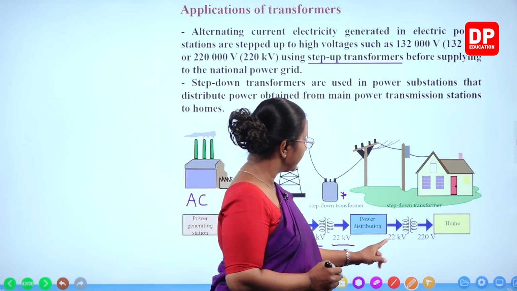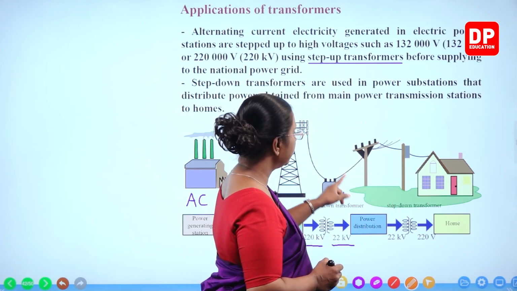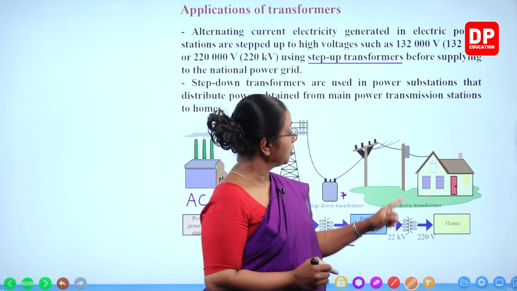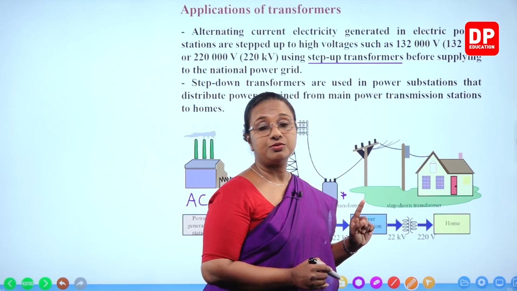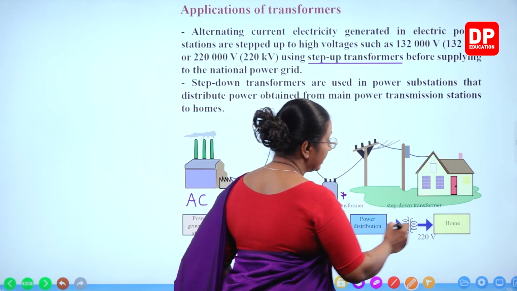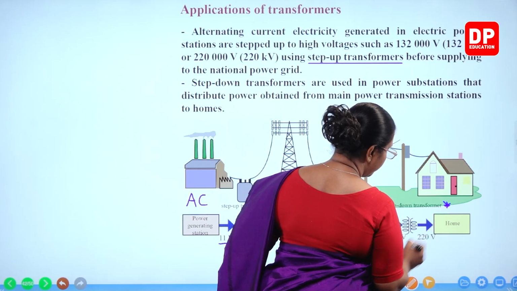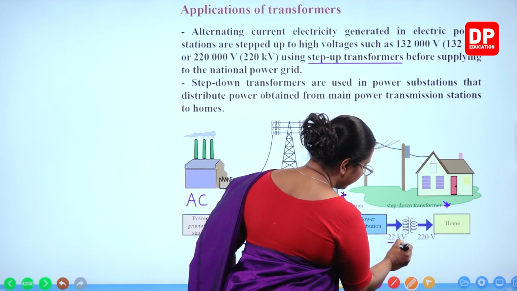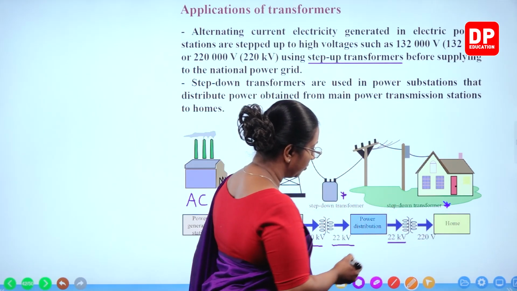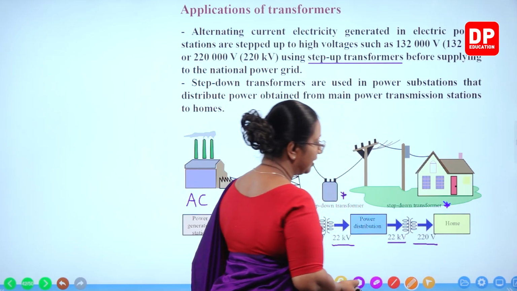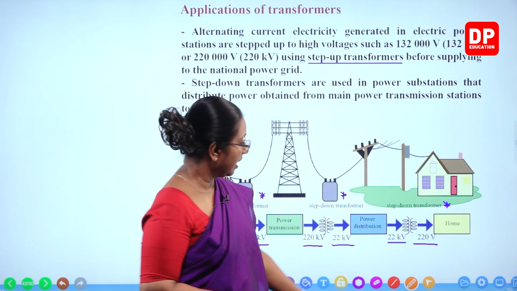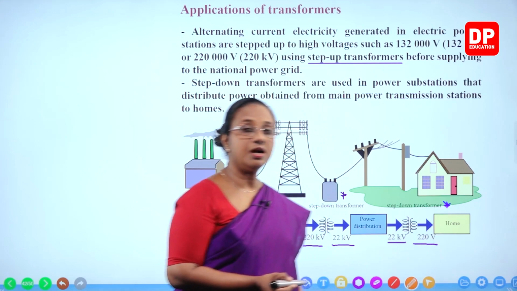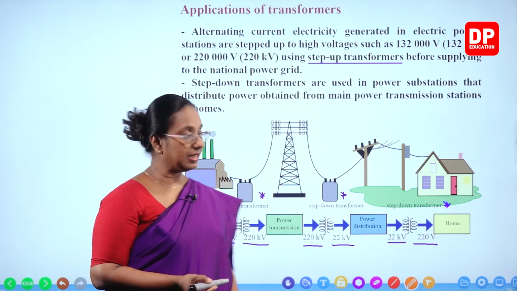Then there is the power distribution. These are the distribution cables. Before it is supplied to the household, again there is a step down transformer that converts 22 kilovolts to 220 volts. Then you receive the current in the household. Is that clear?